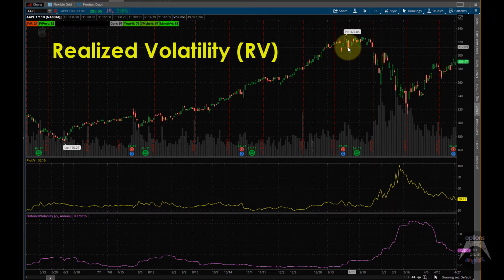The reason why there's two terms for historical and then realized volatility is because historical volatility usually refers to things that happened in the past without context, and realized volatility is usually compared to the implied volatility for that period.